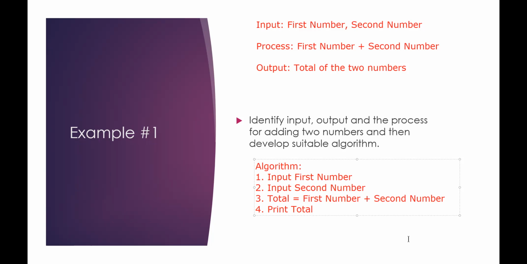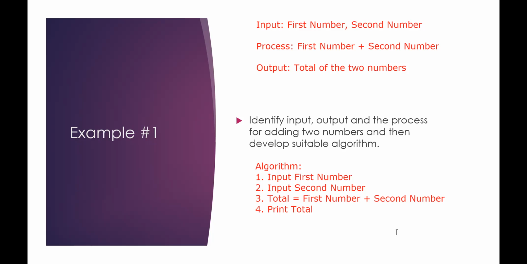As you can see, what we have looked at is a very simple addition problem. Using this, we learned how to identify input, process, and output. Once you identify input, process, and output, we discuss how to put it as an algorithm.